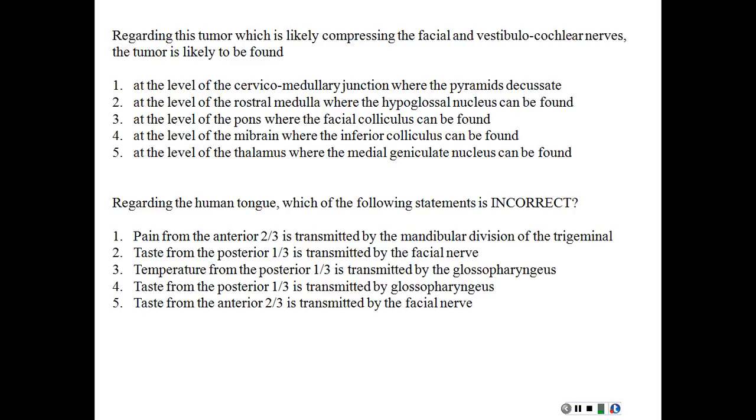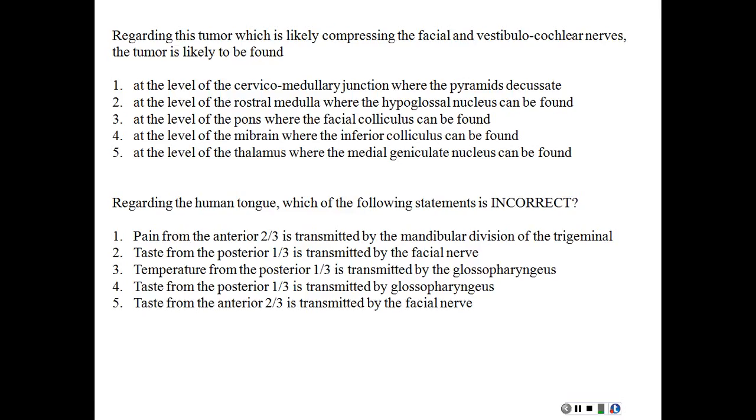What level of the brainstem do you find facial at? Pons. So, facial is not at the cervicomedullary junction, facial is not in the rostral medulla, facial is not in the midbrain, and facial is definitely not up in the thalamus, but at the level of the pons, where you find the facial colliculus. So somewhere, that's likely the level of the tumor.